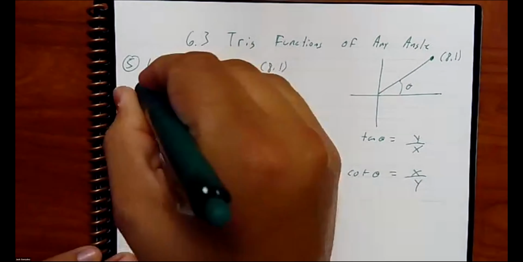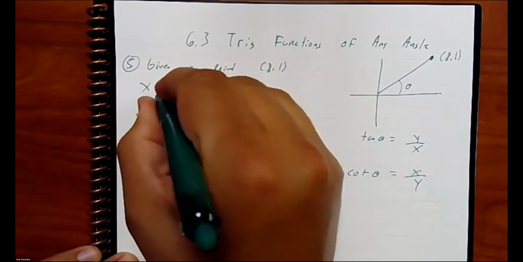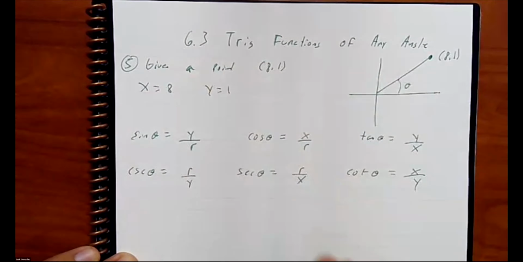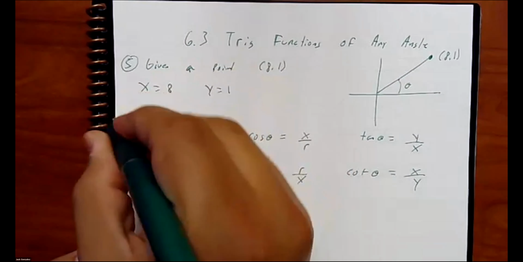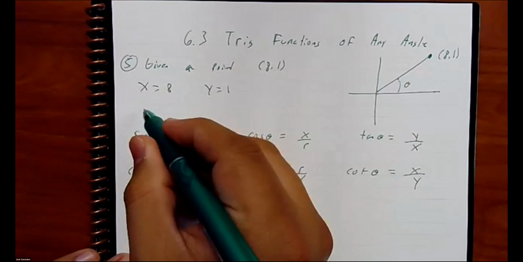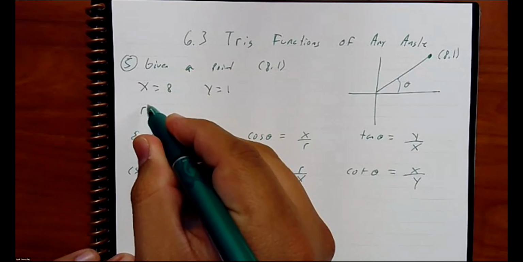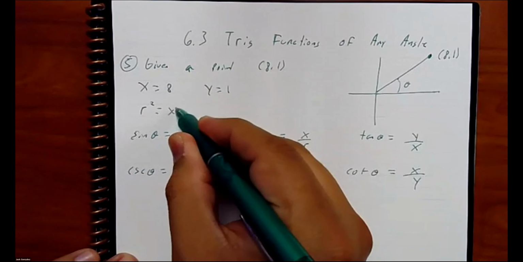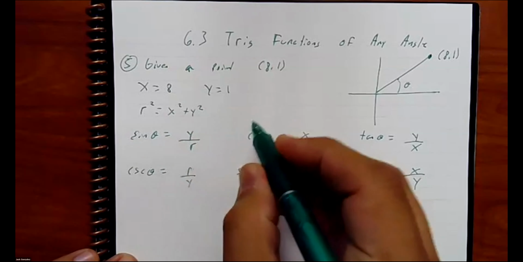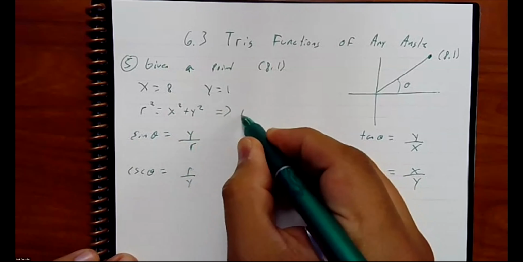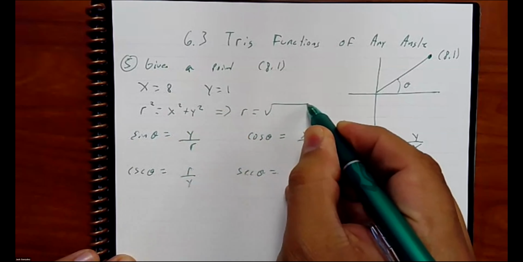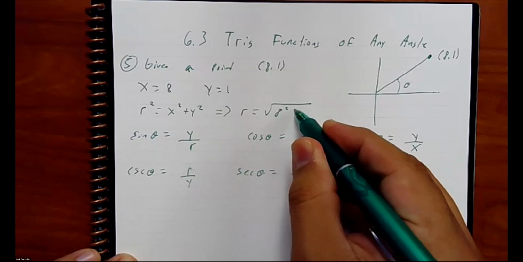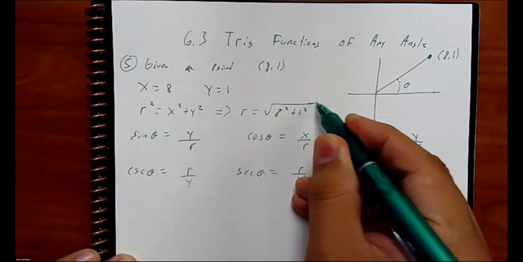So we have x equal to 8, y equal to 1. So r, r squared, I'll put this over here, is equal to x squared plus y squared, which implies that r is equal to the square root of 8 squared plus 1 squared.